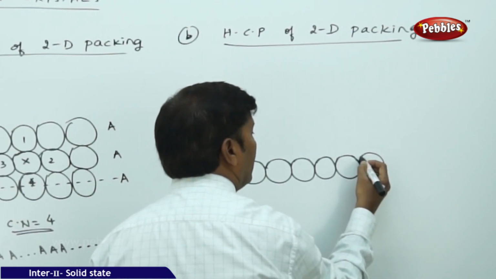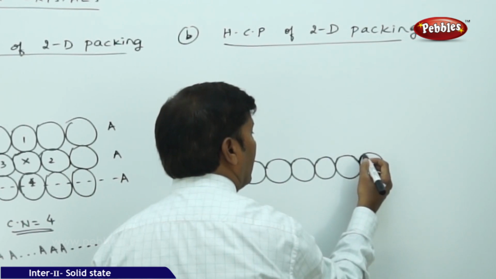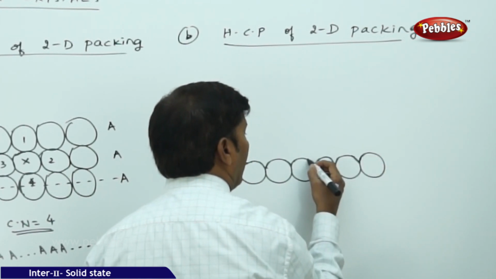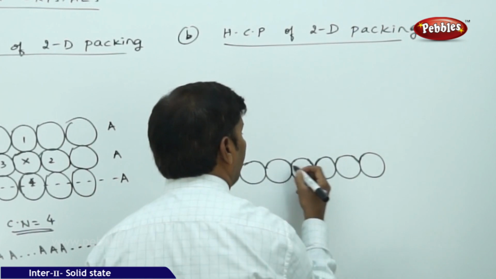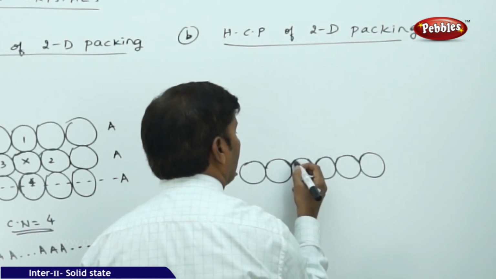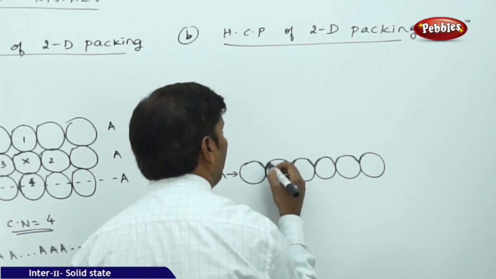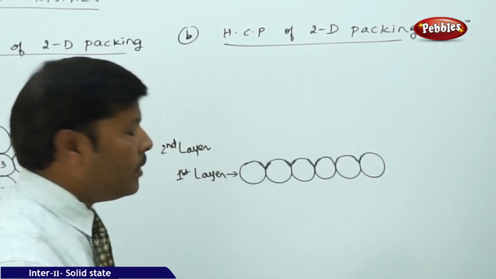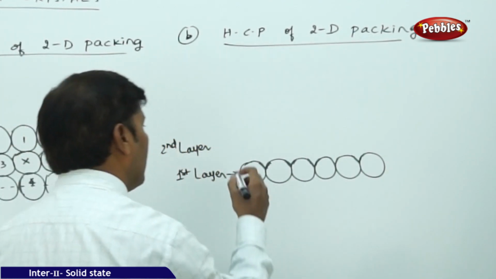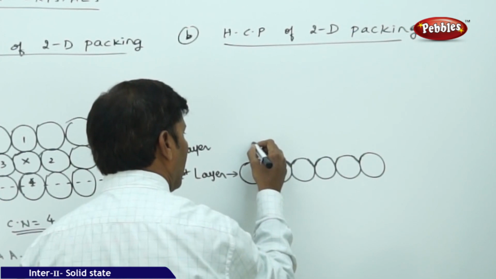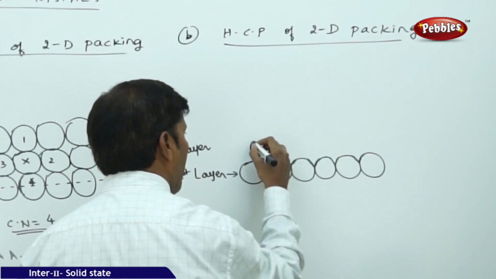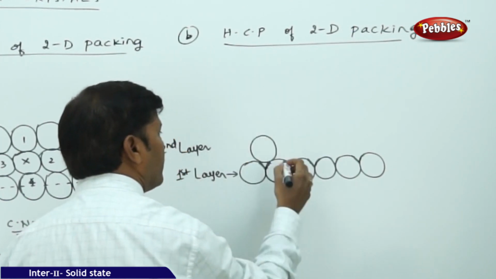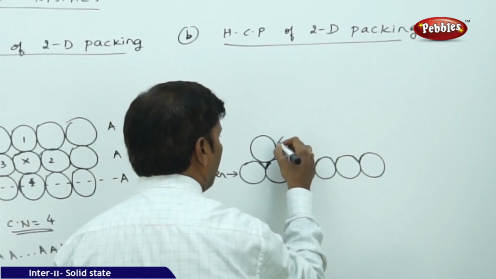I am trying to thicken that particular area. You can see this is the kind of depression taking place. At those depressions, you take one sphere and place it over the depression here, then you place another sphere like this.